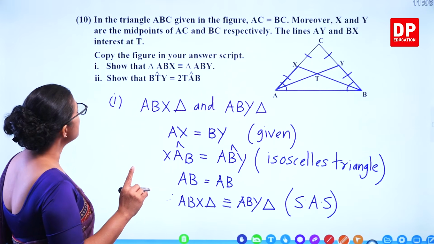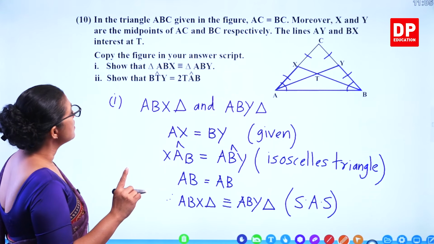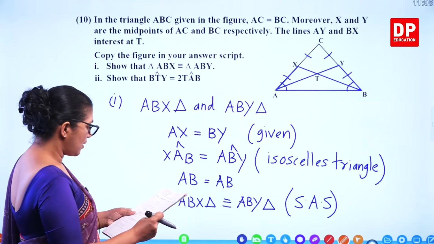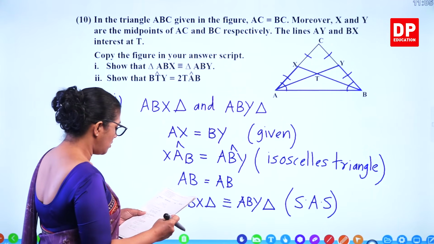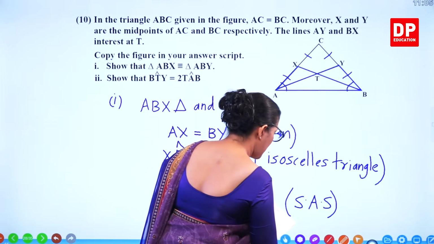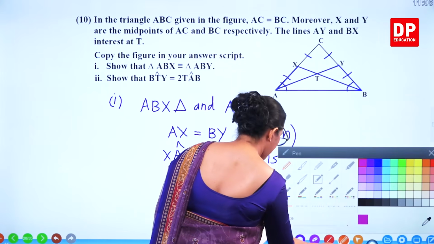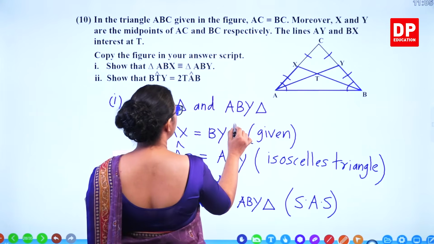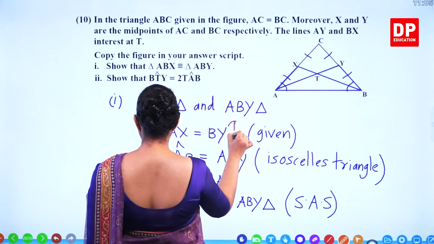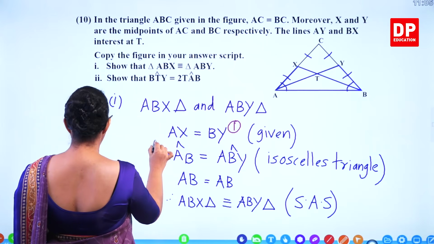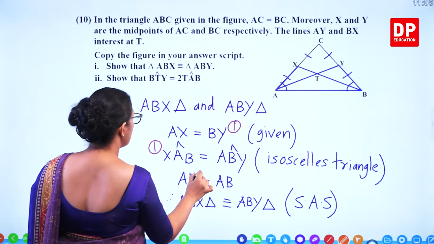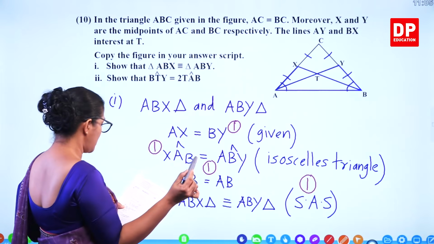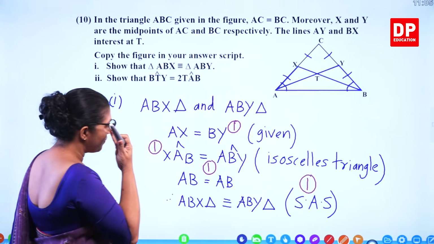And show that BTY equals 2 TAB. So we'll see how many marks for this step. So SAS, so 4 marks for that step. So 4 marks. 1, 2, 3, and giving the reason SAS, 4 marks for that step.